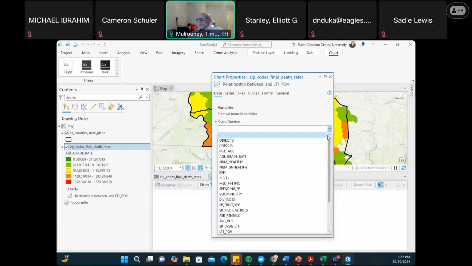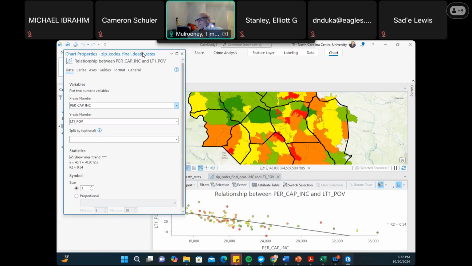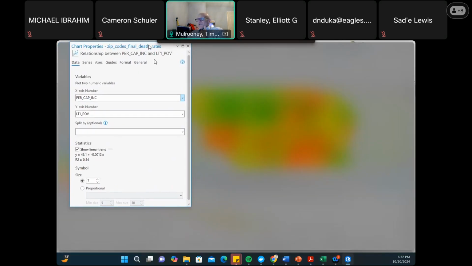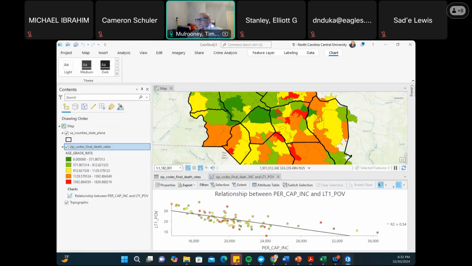Poverty can be explained by per capita income. This is just really simple here. We can see the relationship here between poverty and income. These kind of go hand in hand.